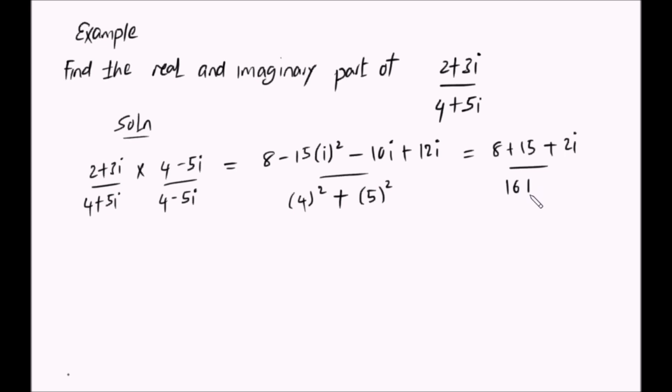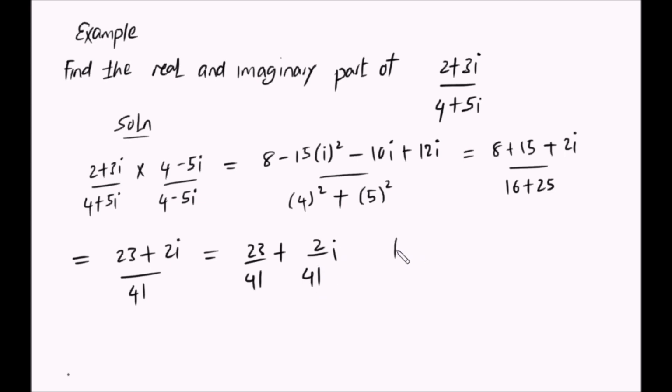What do we get now? 8 plus 15 is 23, plus 2i, over 16 plus 25 which is 41. So this is the same as 23 over 41 plus 2 over 41 i.